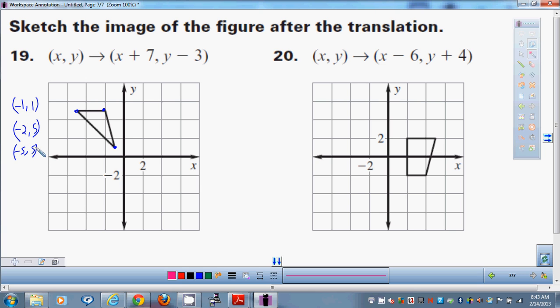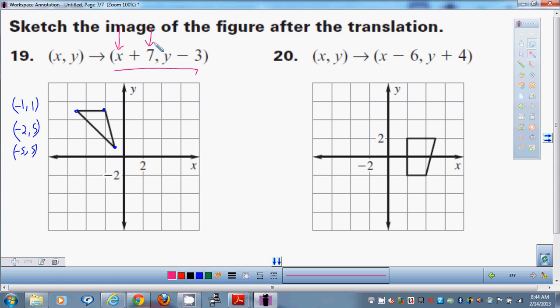Let me give you a hint. What do you think you do with the x values? Why do you think I just put an arrow to this plus and this 7? That's exactly what you do. You take the three x values and you add 7 to them.